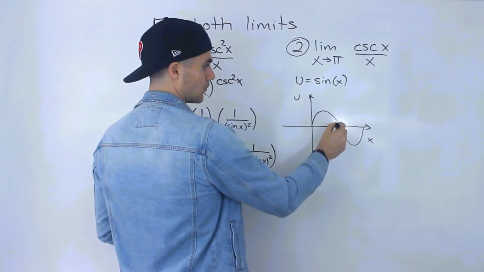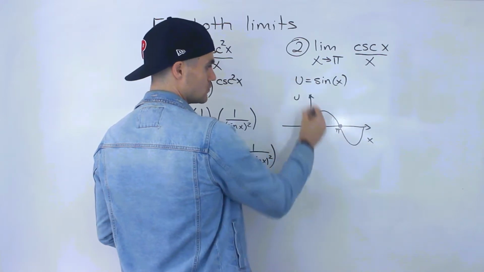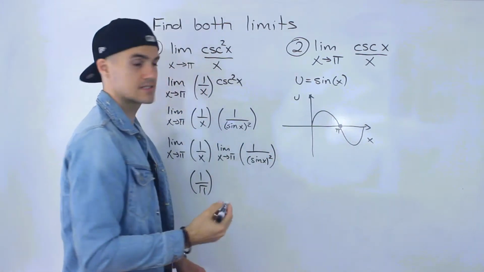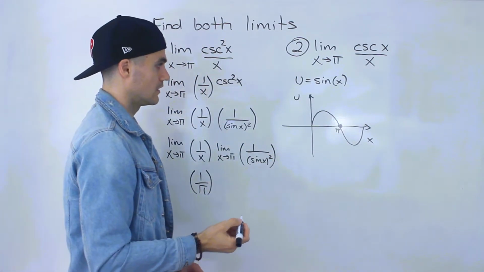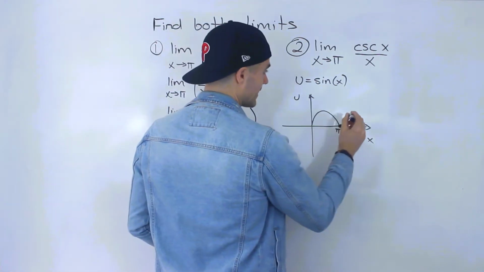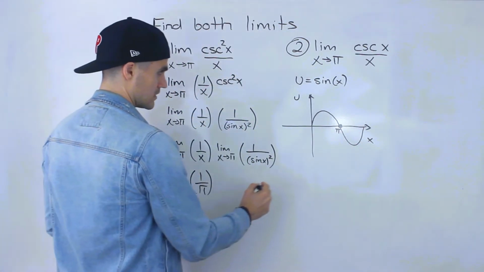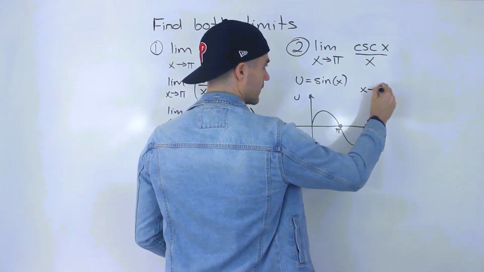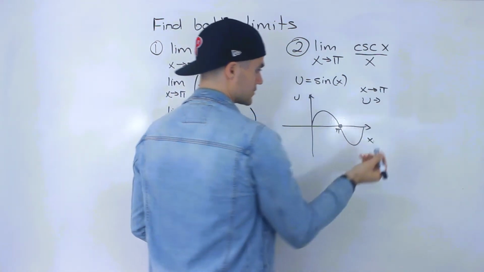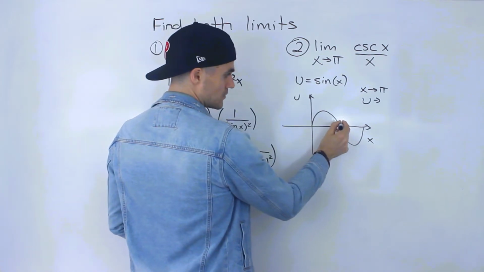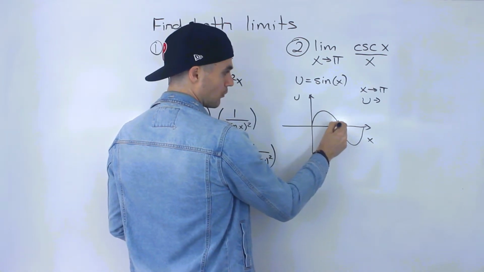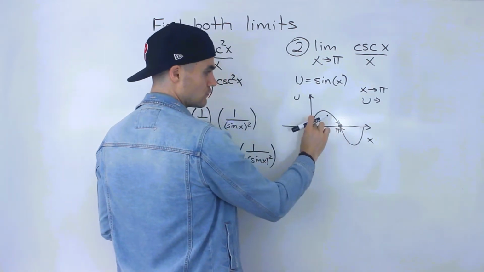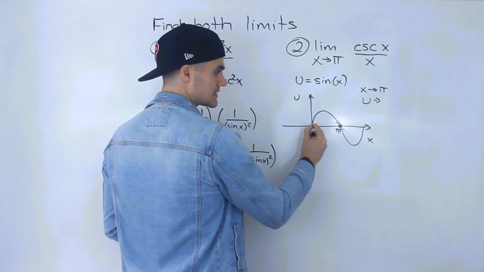When x is pi, this u value is going to be 0. So as x approaches pi, what is u going to approach? As we approach this pi value from both sides, notice that the u value is approaching 0.